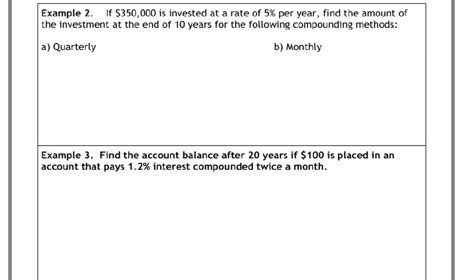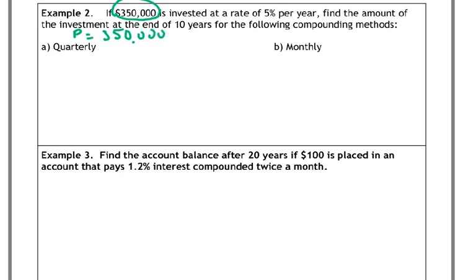Example 2, we have $350,000. It is invested at the rate of 5% per year. We need to find the amount of investment at the end of 10 years, following 2 different compound methods. One is quarterly and another one is monthly. So I know that my principal P is 350,000.